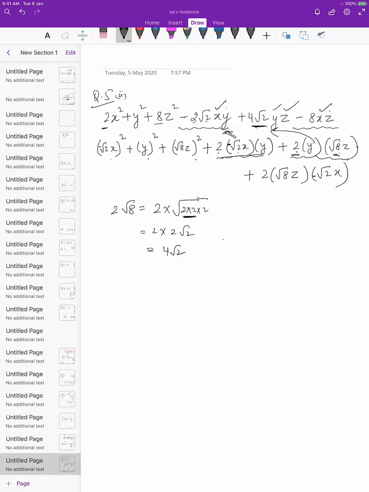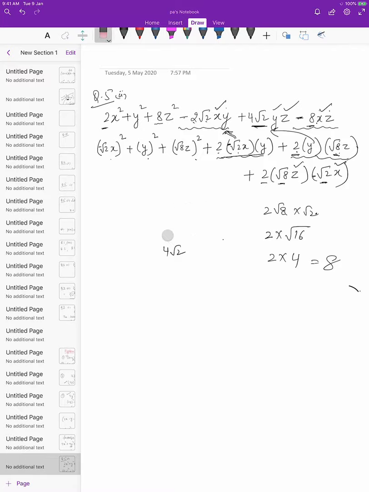Okay. Similarly, for the last one, x and z are there, and the minus sign is there also. Now here they are getting 8, but here you have 2 into root 8 into root 2. You have to see whether you get 8 after multiplying or not. So 2 into under root 16, which will give you 4, which is equal to 8. So ultimately we are getting all the required terms of the expression in the same format of the identity.